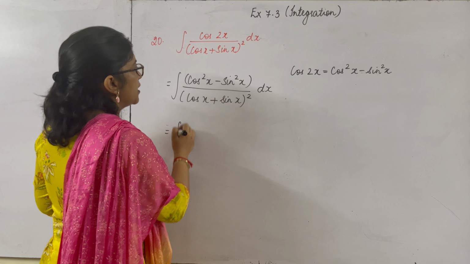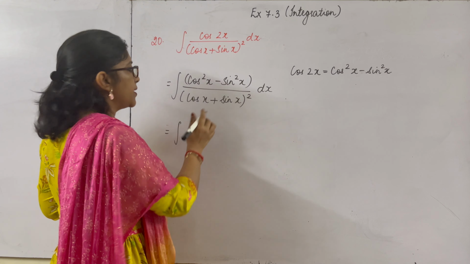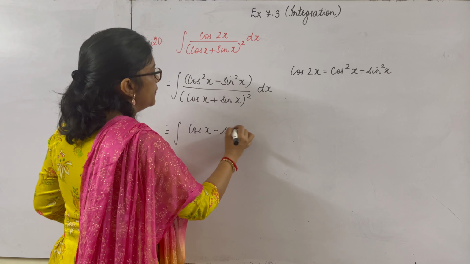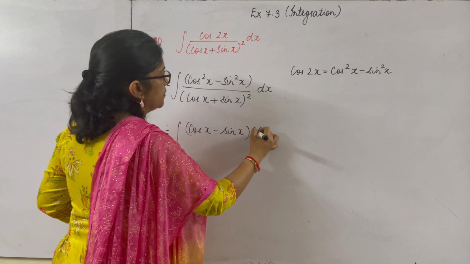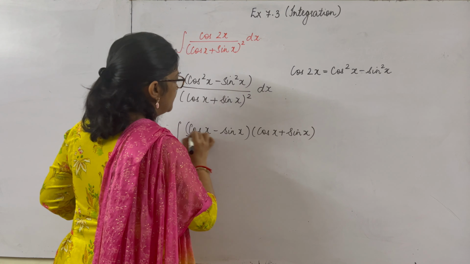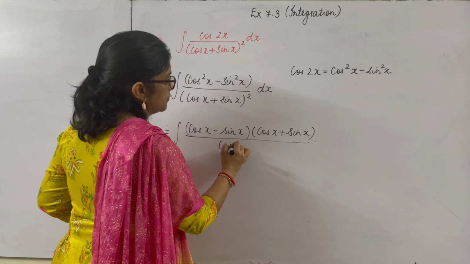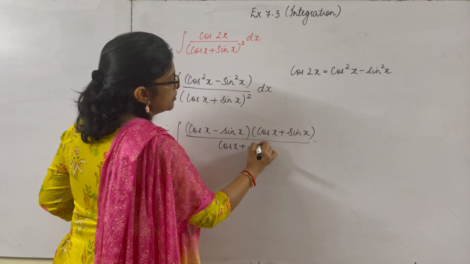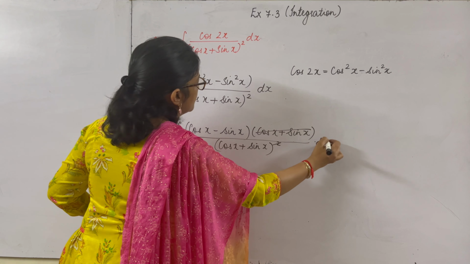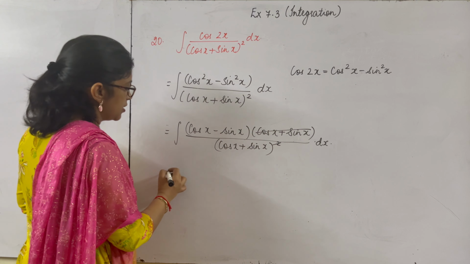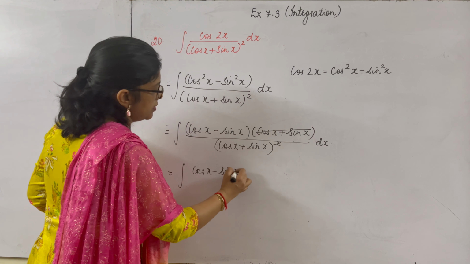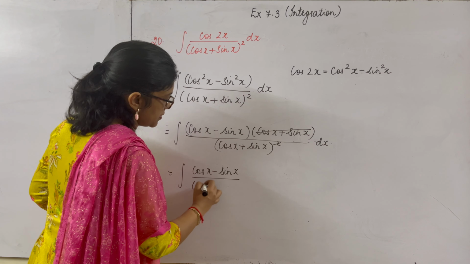As soon as we write this, we know we are going to apply the a square minus b square formula, which is a minus b into a plus b. And so one of the terms from the denominator will get cancelled. Now we are left with cos x minus sin x upon cos x plus sin x.